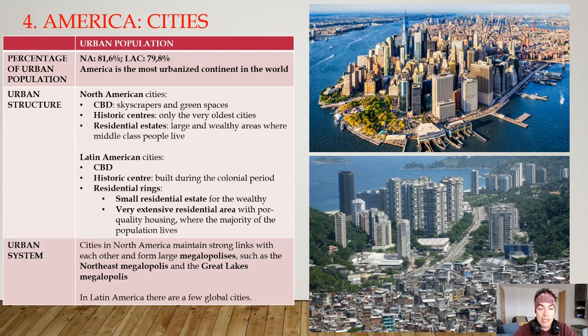We studied these megalopolises in Unit 9 when we talked about megalopolis and conurbation, if you remember, and I showed you a photo of the megalopolis of Boswash, which is a continuous city from Boston to Washington. That is the Northeast megalopolis. And the Great Lakes megalopolis is the one which goes from Chicago to Pittsburgh, which is called Chipitts.